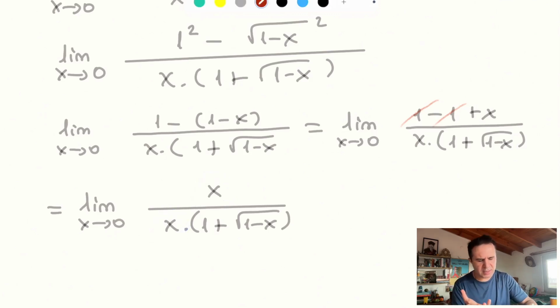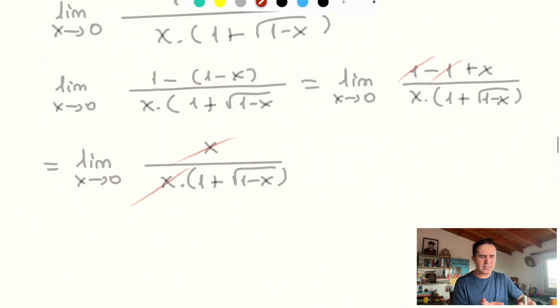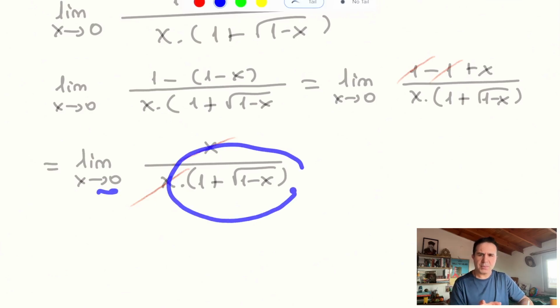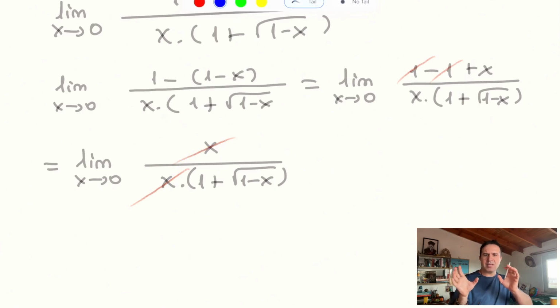Then we can cancel them. After cancellation, you can substitute x equals 0 here. We do not substitute the number before simplifying. If we substitute first, the expression becomes undefined. We get 0 divided by 0 again. But after simplification, we can safely substitute the value 0 here.